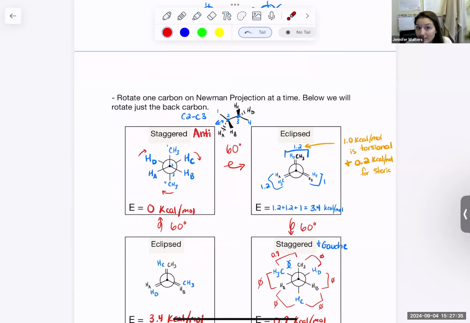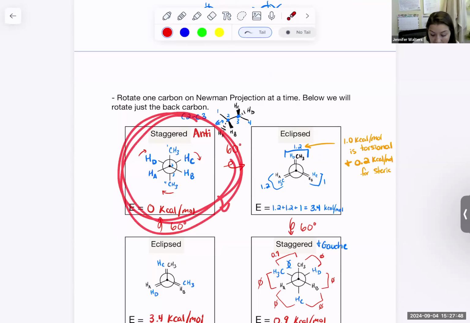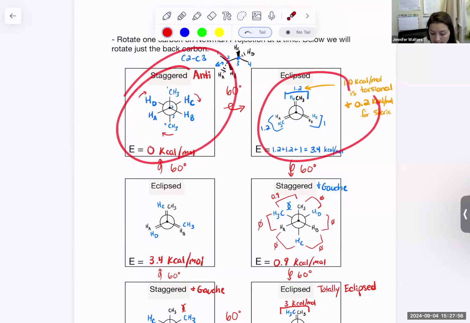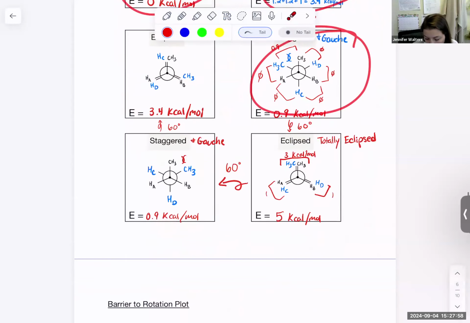It's not always going to be your 0 point. 0 degrees isn't always the staggered anti-conformation; it could be eclipsed. It's all just relative. I'm defining this as 0 because this is where we started drawing, and then we went 60 degrees out from there, so this is 0, 60, 120, and so on.